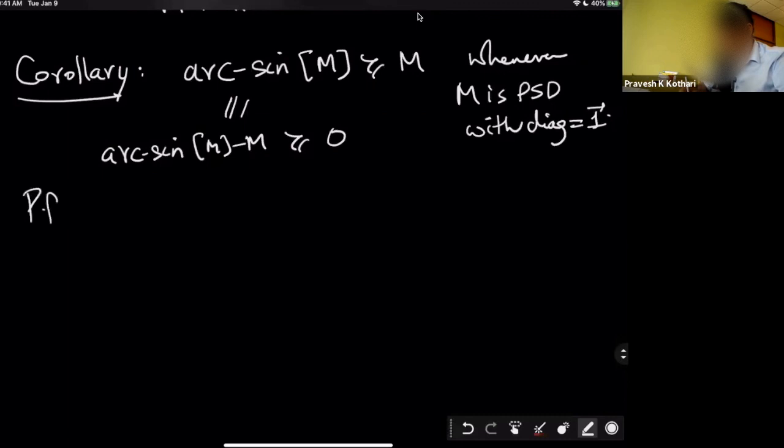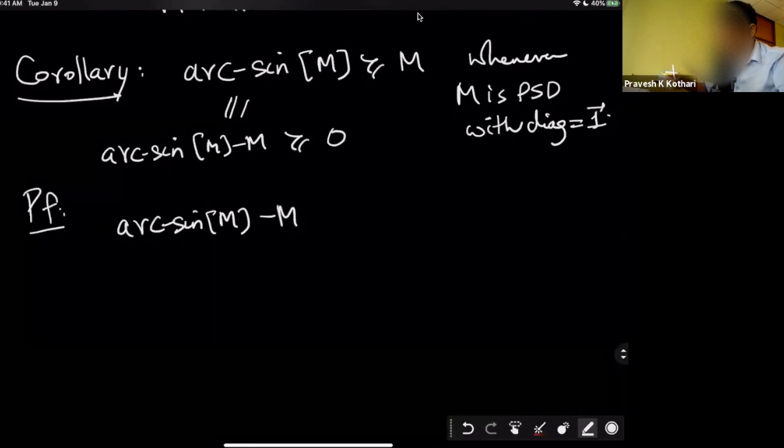Well, in light of the cool lemma, all I have to show is that arcsine[M] minus M, this function, we're going to write it as some infinite series applied to the matrix M. And we're going to observe that its coefficients are non-negative. And I'm going to state, but assume that you understand and agree, that this infinite series is uniformly convergent in -1, 1. And so that will be the proof.